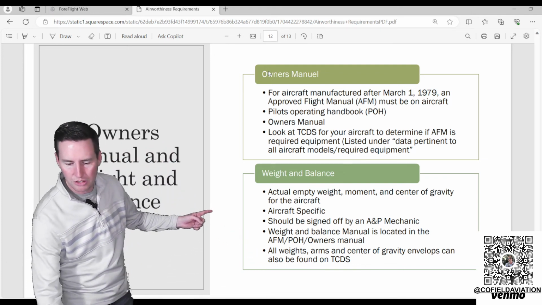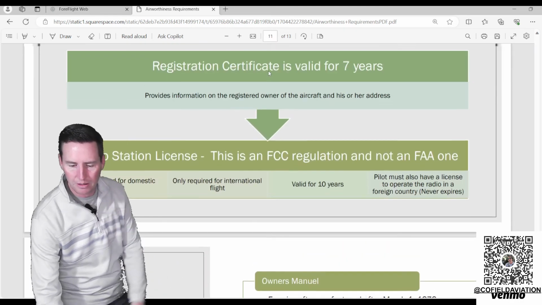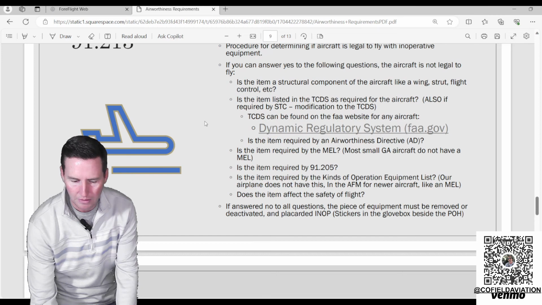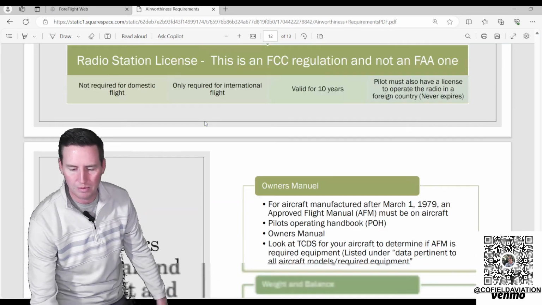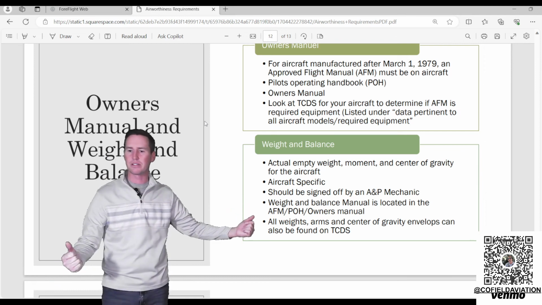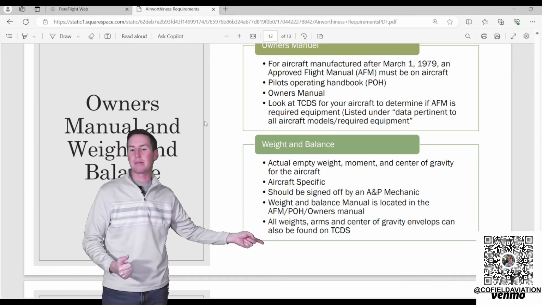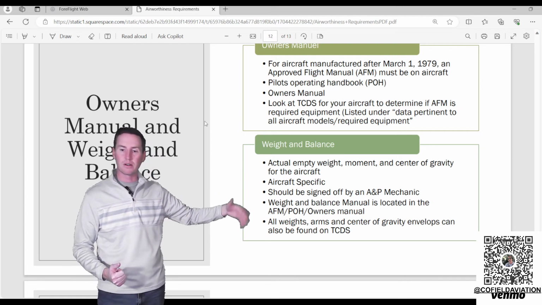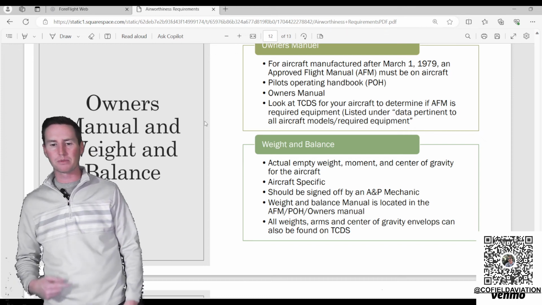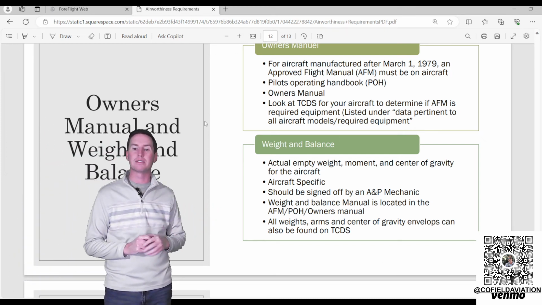I've already shown that to you on the type certificate data sheet. So basically, you can do a whole weight and balance just by the type certificate data sheet. If you scroll back the video a little bit to where I was talking about the type certificate data sheet, I was pointing out all of the different arms.